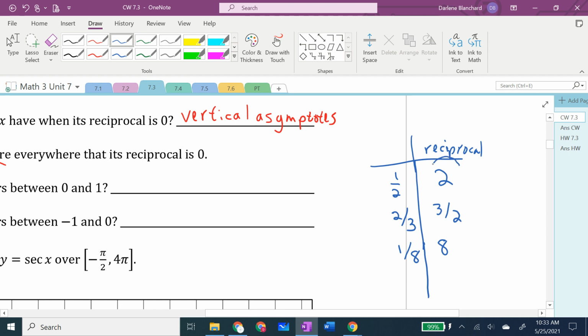What are you noticing about the size of numbers when you reciprocate numbers between 0 and 1? What are you going to get? We're going to get numbers that are larger than 1.